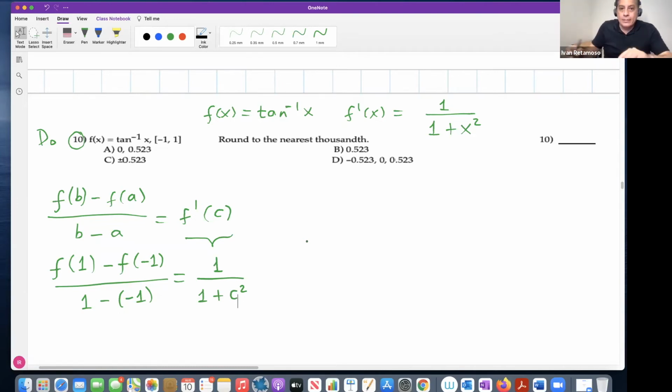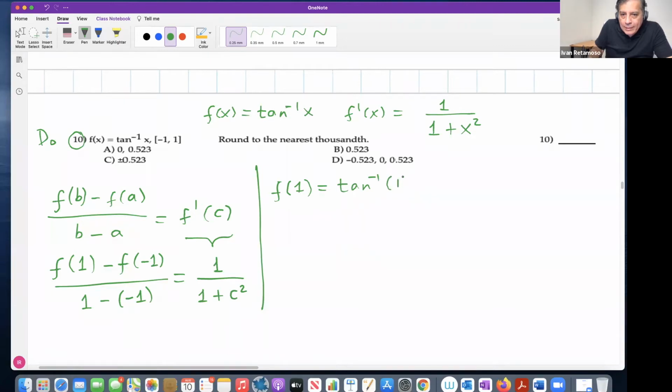All right, guys, let's try to do this together, okay? It's very tricky, but I will help you. So we have to compute f of 1. The first output value should be this f of 1, right? What is this? Well, my function is tangent inverse of x, so this should be tangent inverse of 1. Remember, do not confuse this -1 with an exponent. It's tangent inverse, it's arc tangent.